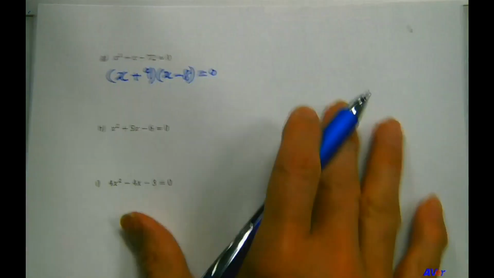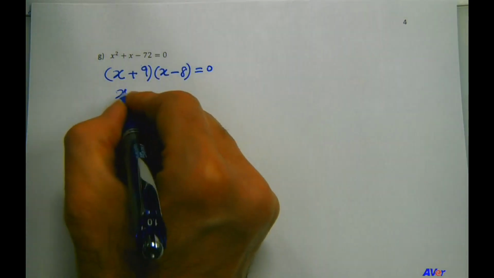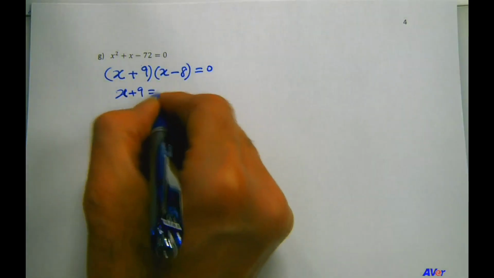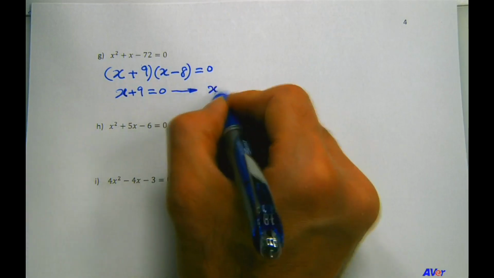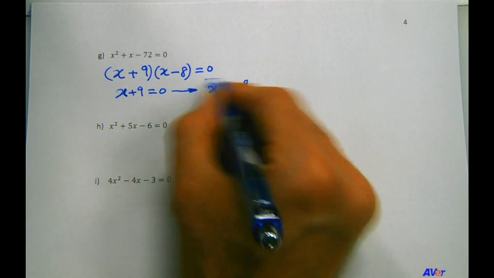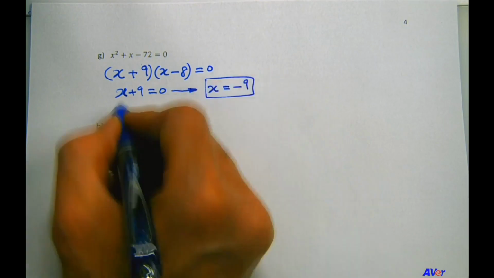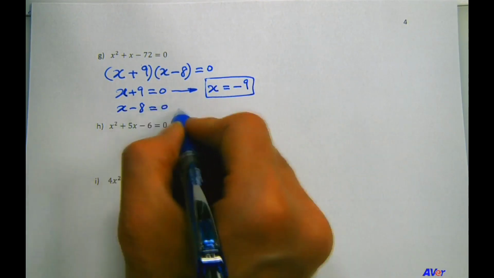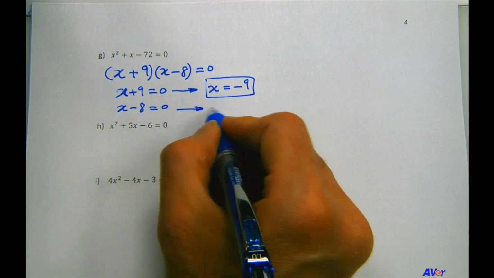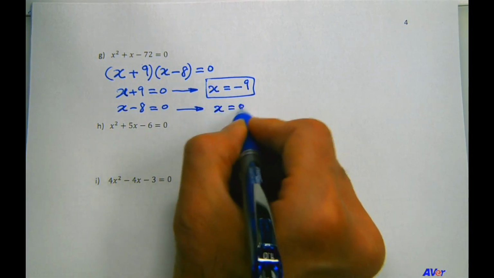So let's solve for them. x plus 9 equals 0 by the zero product property, therefore x equals minus 9. So that is one solution. Then x minus 8 equals 0, therefore x is equal to 8.